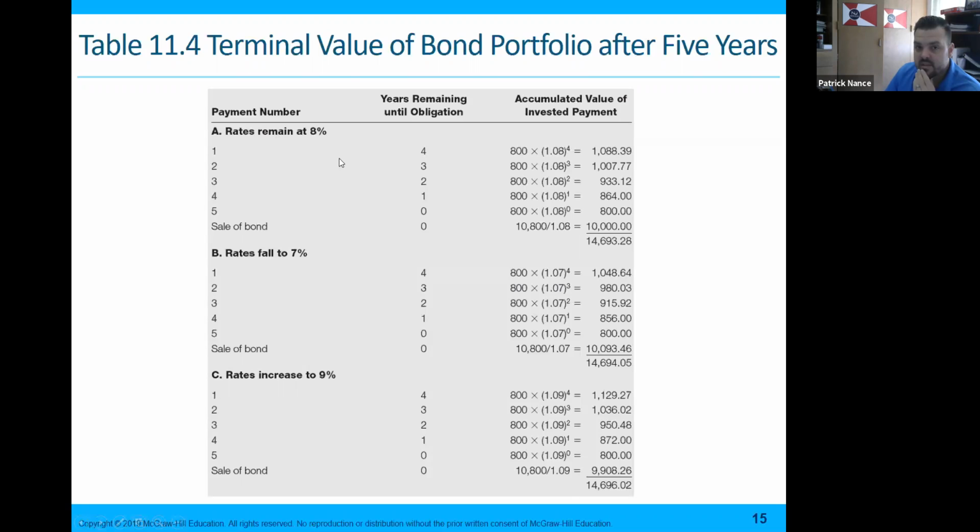So 8% is what the yield to maturity is right now. What happens if rates fall to 7%, and what happens if rates increase to 9%? It gives you the change in the overall value of the bond. And really, we did this in the present value function before. This shows it over time, where we were doing it at a single point in time.